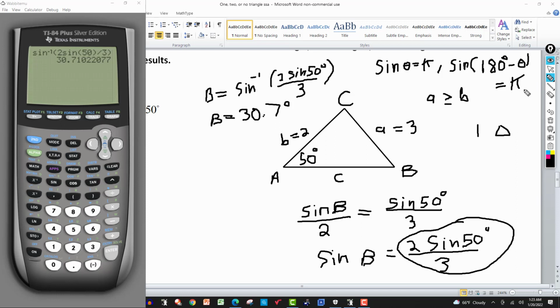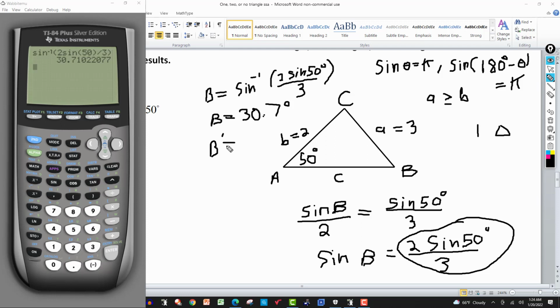Okay. That's going back to your reference angles. You have the sine of an angle, a reference angle in quadrant 1. Then you have another angle in quadrant 2 that has that same value if you take the sine of the angle. So angle B is 30.7 degrees, but there's also another angle that has that value.